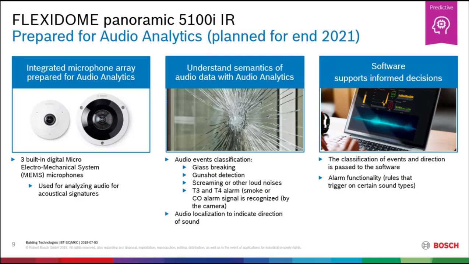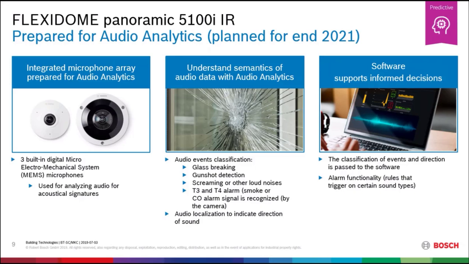With these MEMS microphones, they're a lot more sensitive than the traditional microphones. And with the audio AI, it will be improved upon the launch of it, which will be around Q4 of this year. But the first is going to be gunshot detection and then glass break. So for like in parking garages, for car windows or businesses, something like that, or the gunshot.